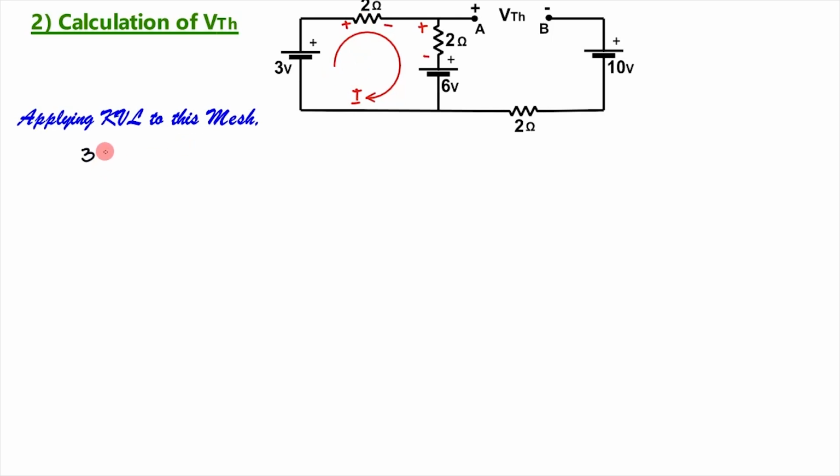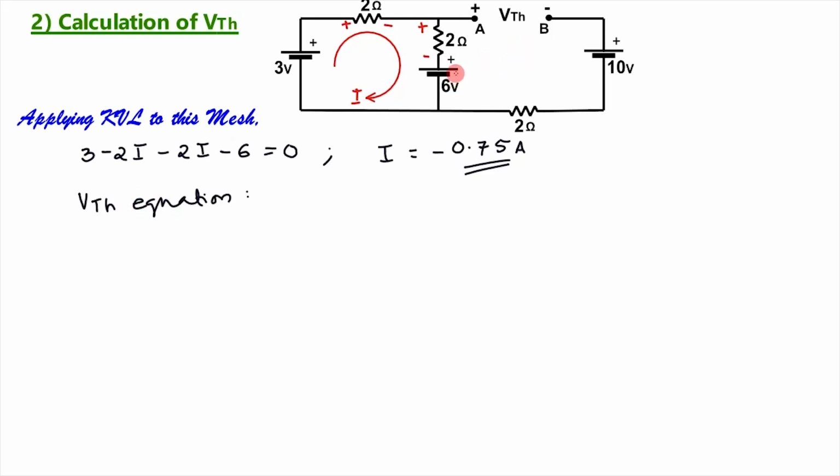So as it is voltage drop, minus 2I, then again here also voltage drop, minus 2I, here it is fall in potential, plus 2 minus 6, which is equal to 0. Solving this equation, we will get I is equal to minus 0.75 ampere.